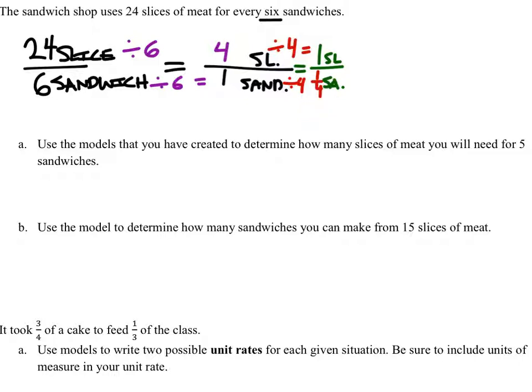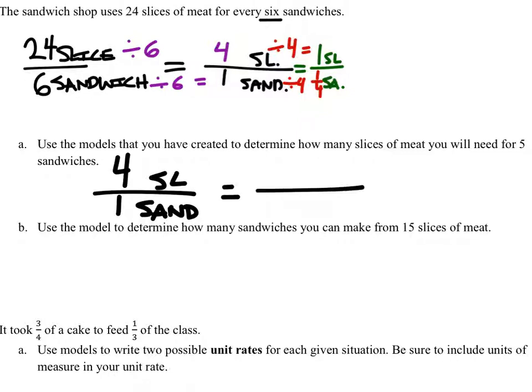Determine how many slices of meat you'll need for 5 sandwiches. Okay, that's a good one. Well, which unit rate would we use? The 1/4. Yeah. I guess we wrote it as 4/1 though, right? 4 slices to 1 sandwich. And what we want is to know how many sandwiches.